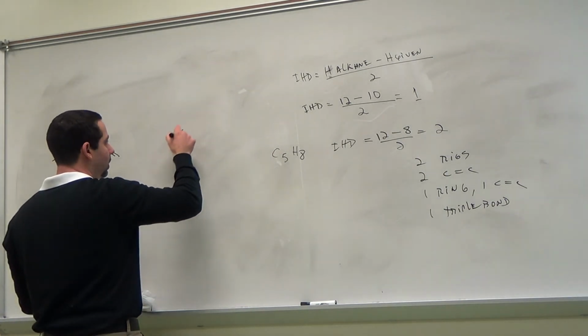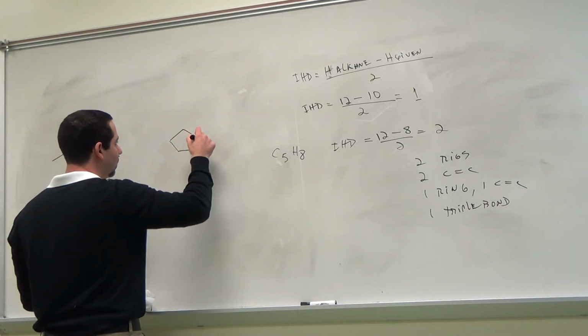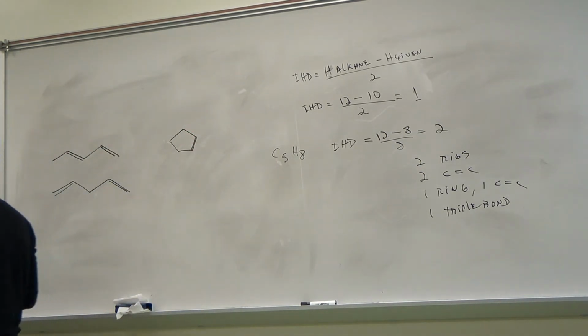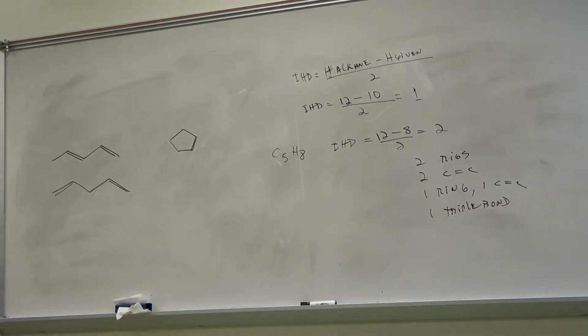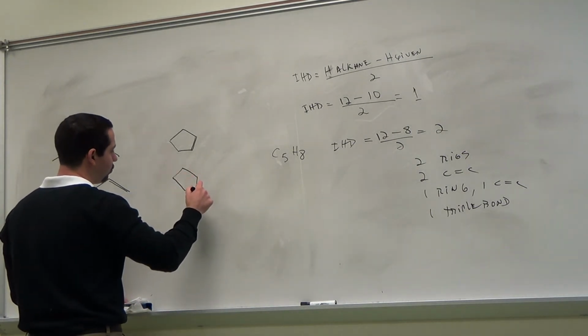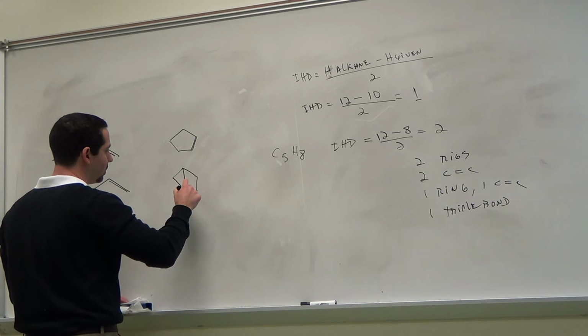You want a ring? Okay. 5-member ring, 1 ring, 1 double bond. What else can we have? 2 rings? Maybe we can try to draw 2 rings like this, yes?